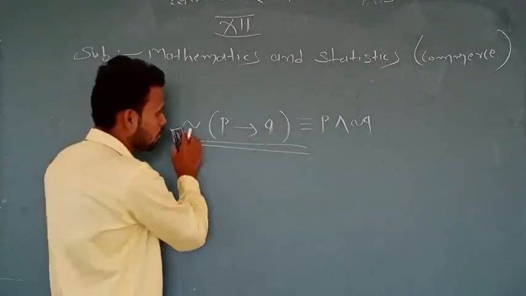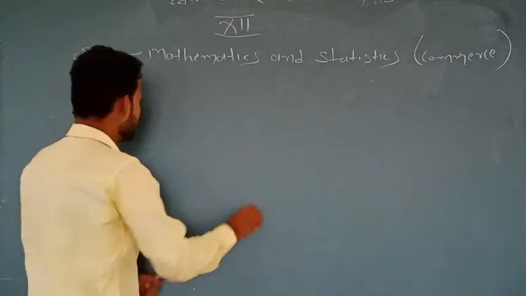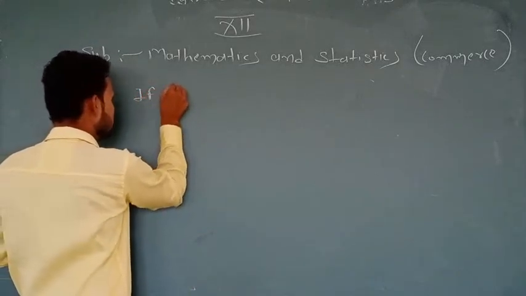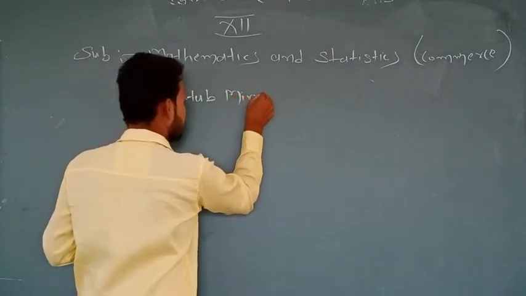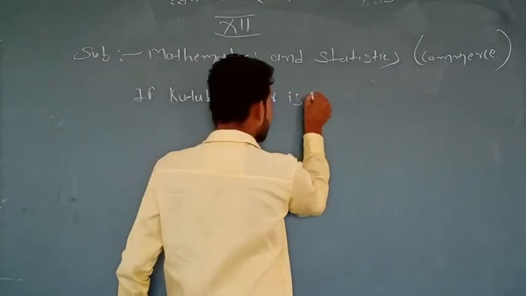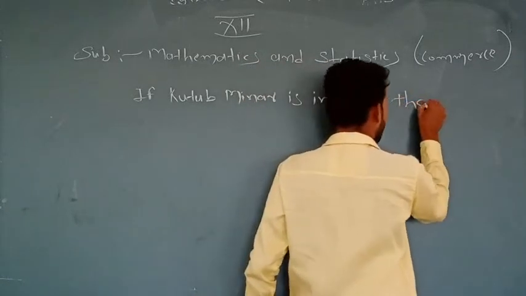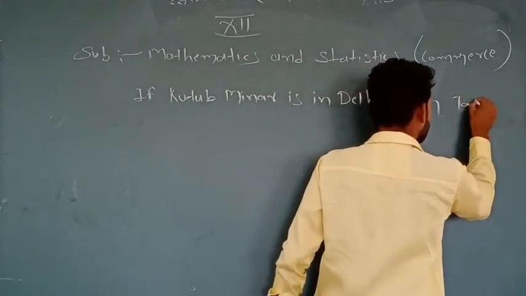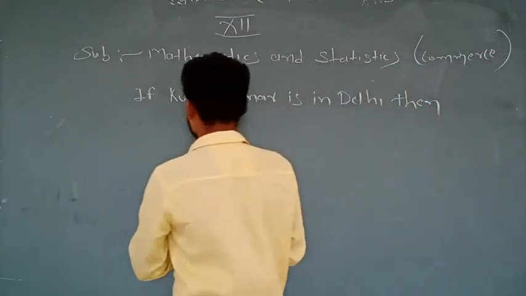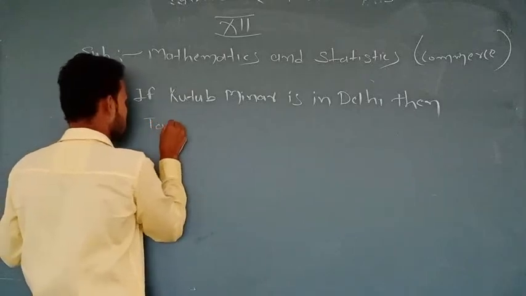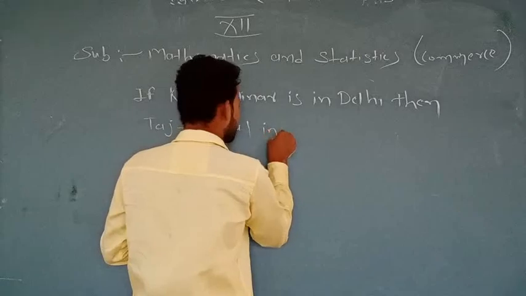For example, if Qutub Minar is in Delhi, then Taj Mahal is in Agra.